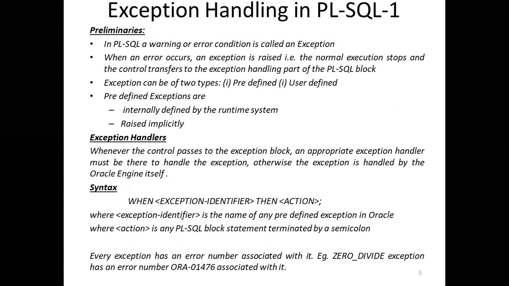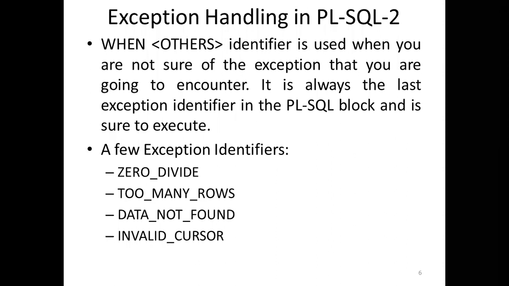And every exception has an error number associated with it. For example, the exception zero_divide has an exception error number ORA-01476 associated with it. And when others is the handler when you are not sure of the exception that you are going to encounter, and it should always be the last exception identifier in the PLSQL block and is sure to execute.